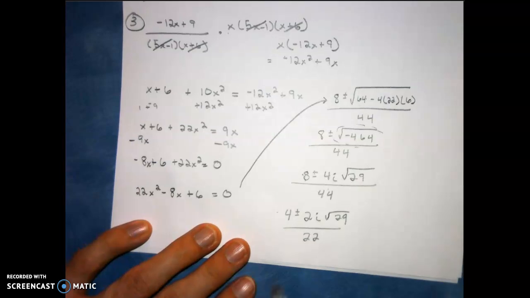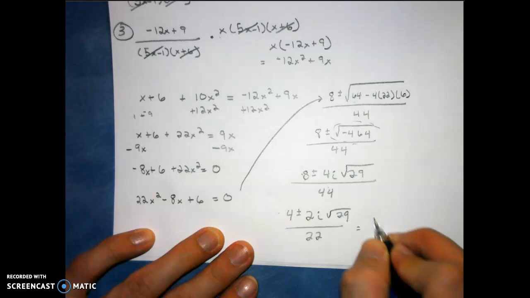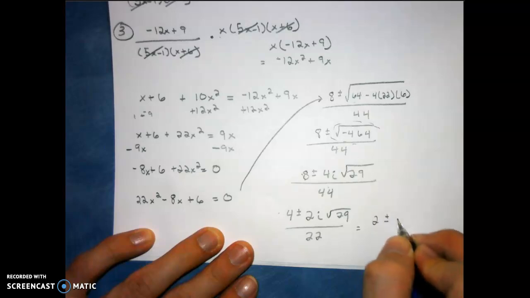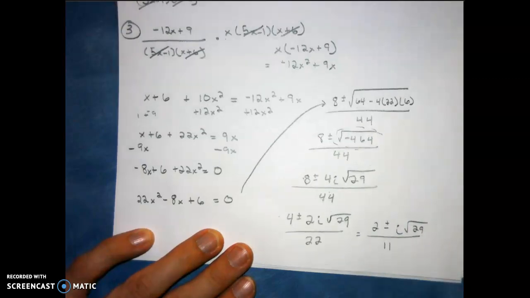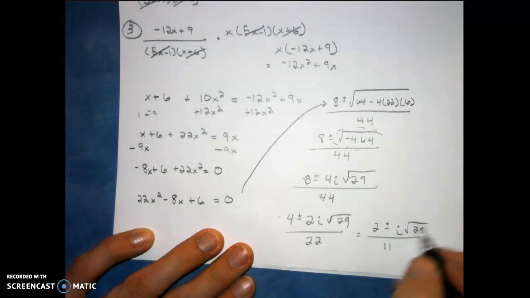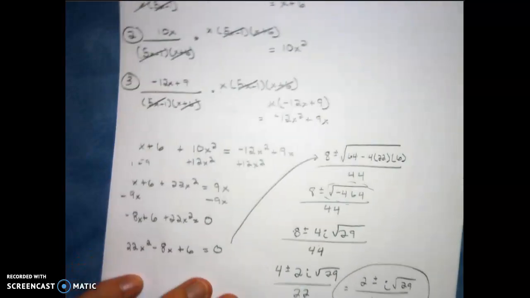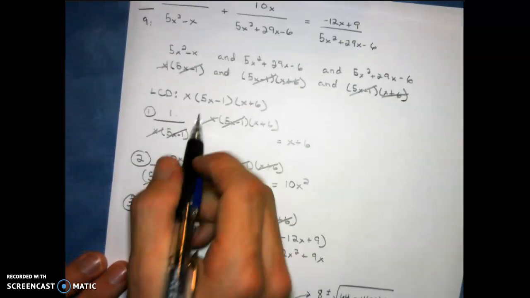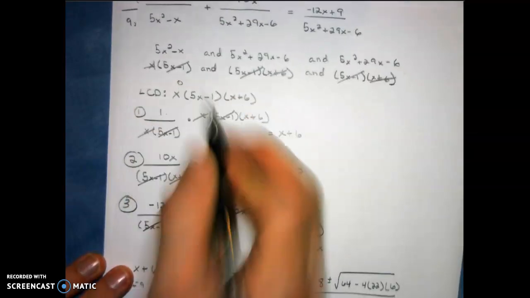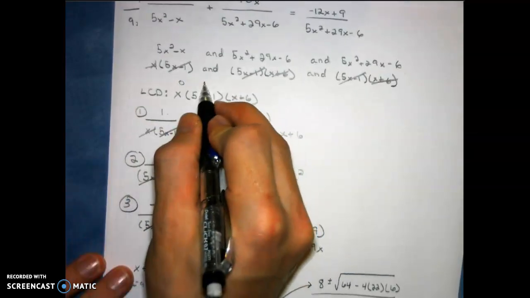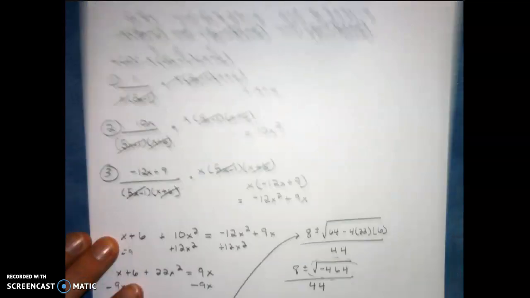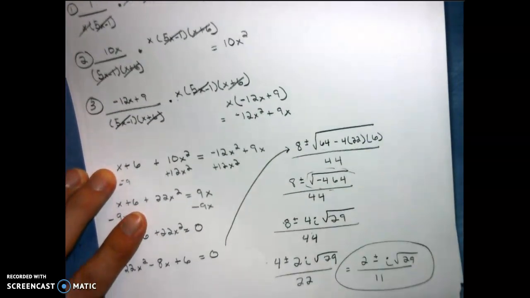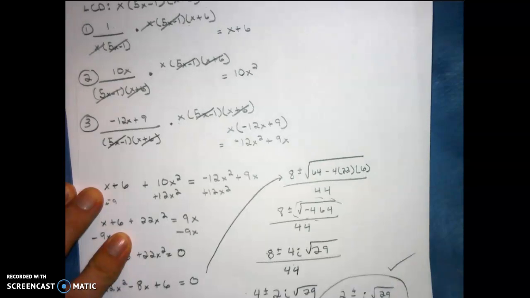So now we can divide even further. So then we'll get 2 plus or minus i square root of 29 over 11. There's our answer. Now we need to make sure there is no extraneous solution. So we go back up to our LCD. Well, we can't have 0, can't have 1/5, can't have negative 6. So our answer is none of those. So we know there's no extraneous solutions, and that's our answer.